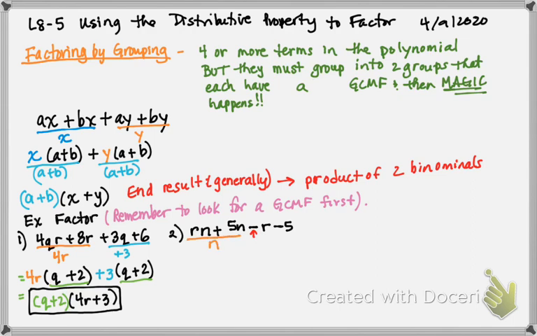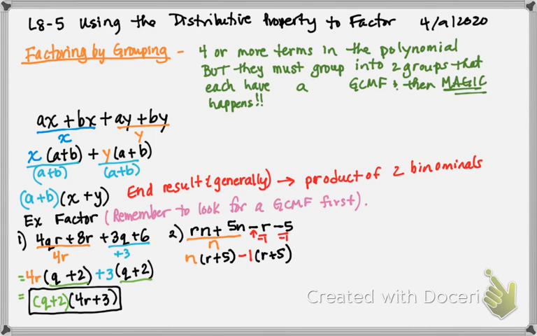So I'm going to divide out an n, and that's going to give me n times the quantity r plus 5. Now, when I have a negative, I need to divide out a negative from each of those terms. So that's where it gets a little tricky. Negative r divided by negative 1 is positive r. Negative 5 divided by negative 1 is positive 5.